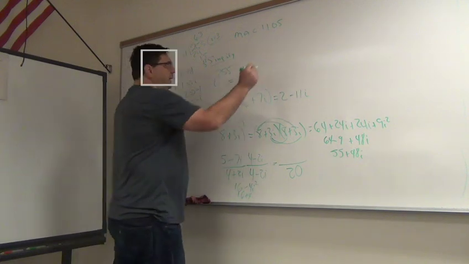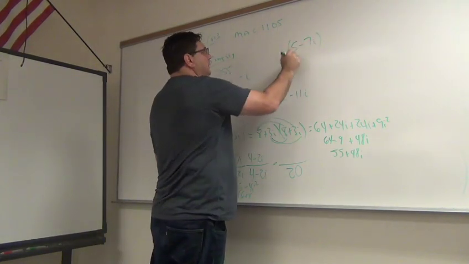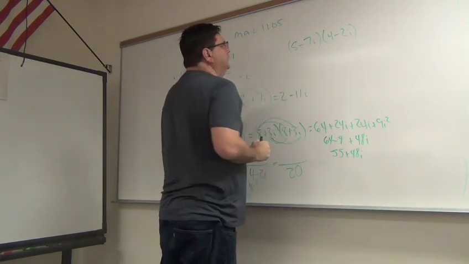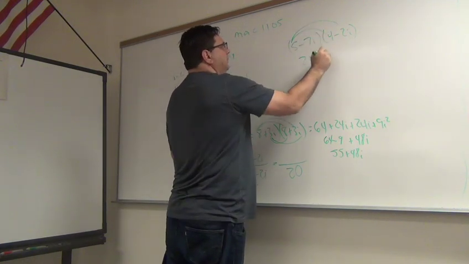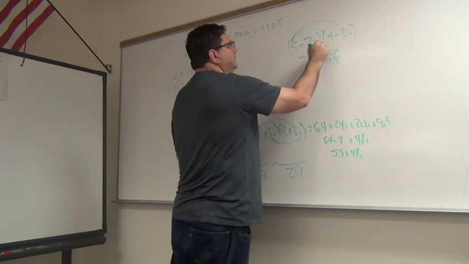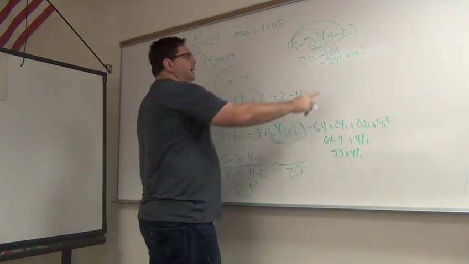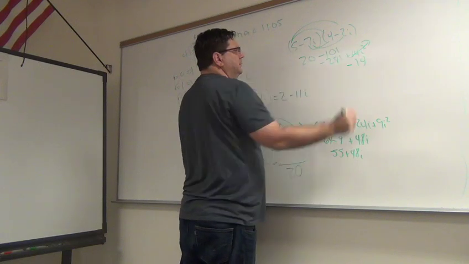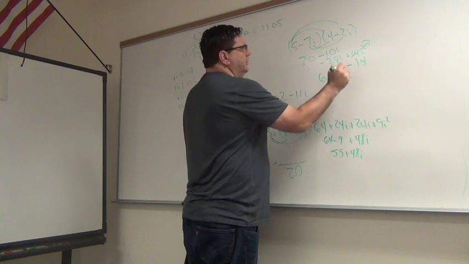The top piece, we got 5 minus 7i times 4 minus 2i. This is 20 minus 10i minus 28i plus 14i squared. Again, the i squared is -1, so this becomes minus 14. So we got 6 minus 38i.